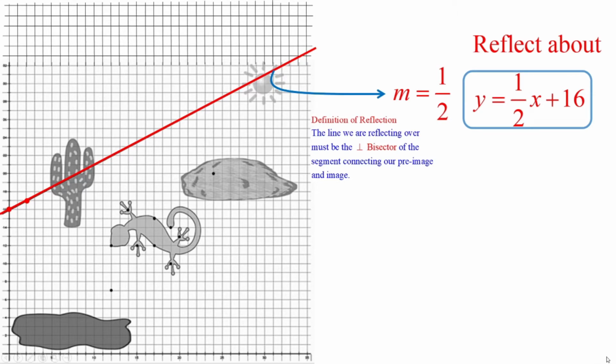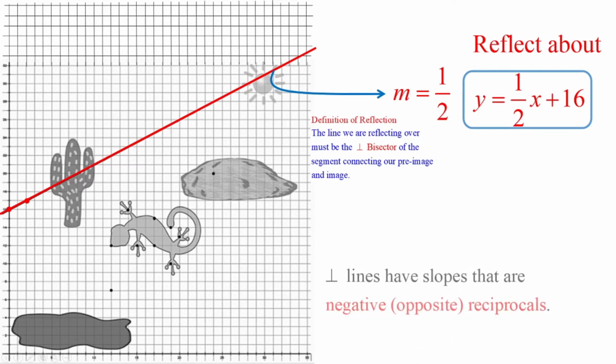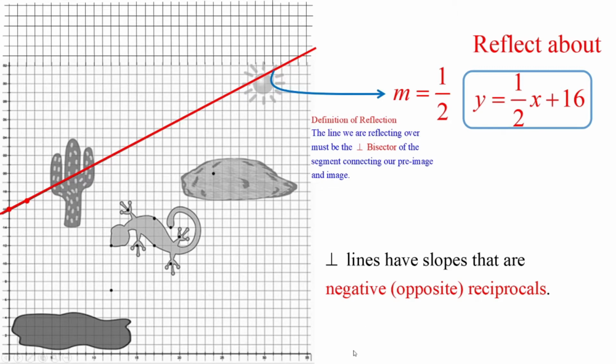And you could do this very accurately with a ruler and a protractor, but they're trying to get you to use this grid to get it done. Okay? And to do that, you need to understand the concept of perpendicular slopes. So, here it is right here.